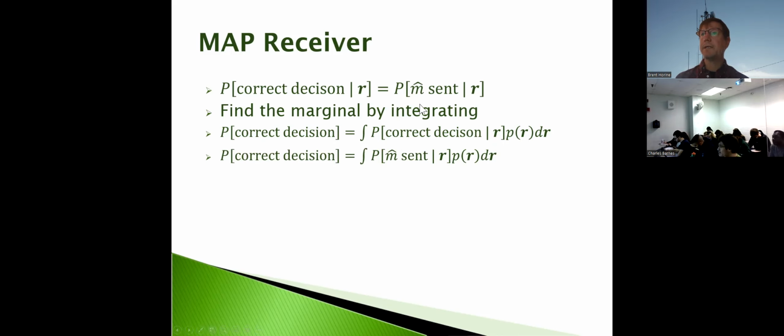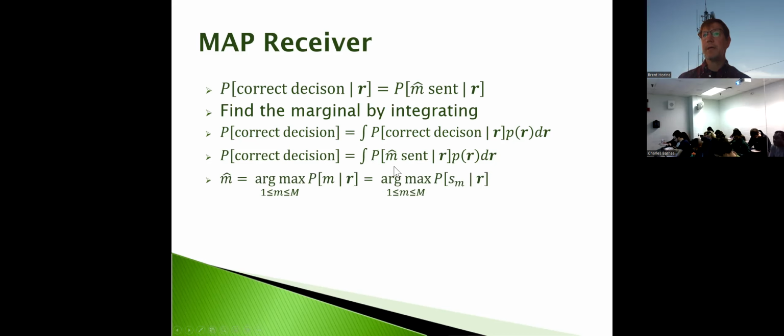So we substitute in this M hat relationship, and now if we step back and think about it, the PDF of R is not really a function of M, right? It's just a probability density function. I should say more precisely that it's always going to be positive, so ignore what I said before.